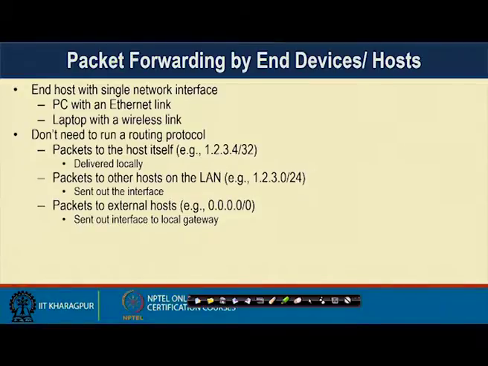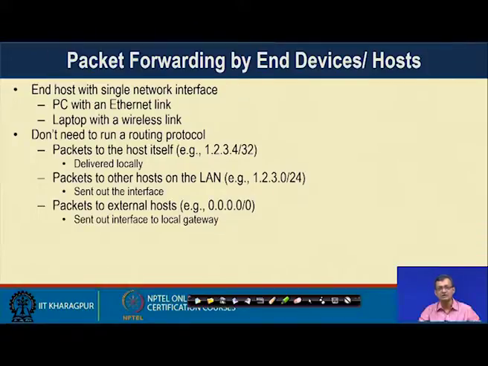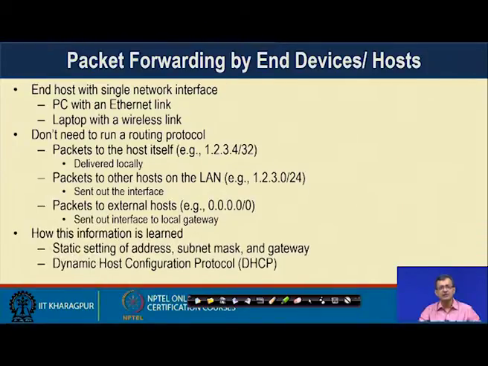And packets are forwarded by the end devices or the host. What we have at our end is the Ethernet link. This machine has an RJ45 connection cable to the next device. So, a PC with Ethernet links or laptops with wireless links does not need to run a routing protocol. It forwards to the local next hop, whatever gateway is defined.